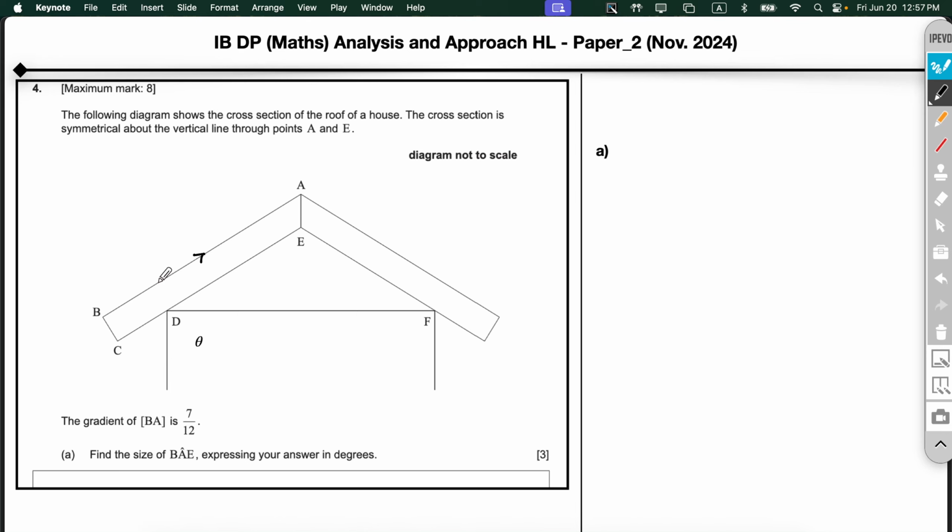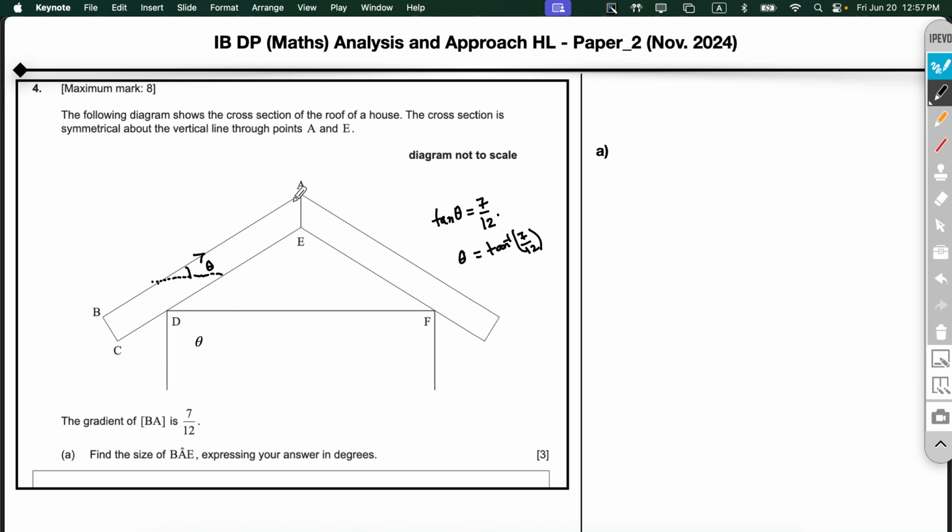Let us say the horizontal line makes an angle theta. In that case, tan theta is 7 over 12. From here, through the calculator, you can find out theta by just applying arctan, or tan inverse, on 7 over 12.